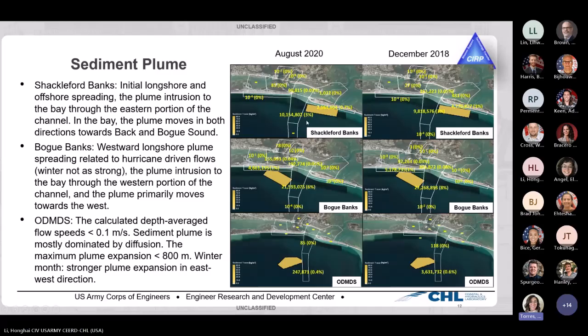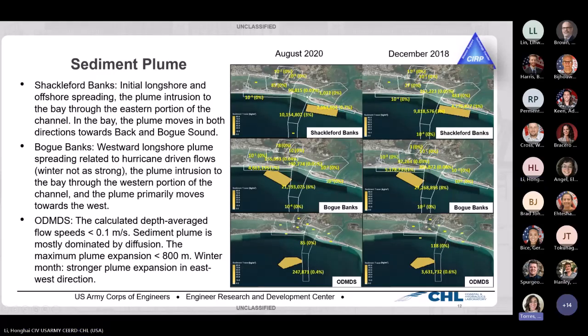You don't see the number is too big, but you see the percentage. In the summer case, the material moved nearshore is 0.7%, and 0.7% compared to the other numbers is a relatively big number, right? Released from this side. And then 3% moving into the channel area.